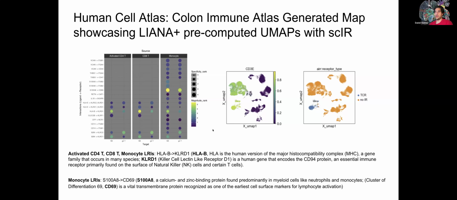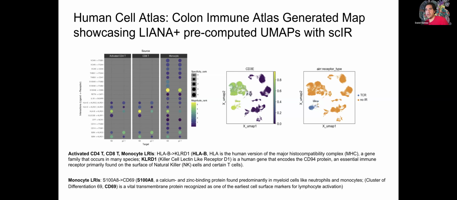And that S100A8 is interacting with CD69, which is a vital transmembrane protein that's recognized as one of the earliest cell surface markers in lymphocyte activation. So in one of the first lymphocyte cells differentiated, we can see CD69 cell surface marker, and that's found in the monocyte interacting with NK cell and the gamma delta T cell.